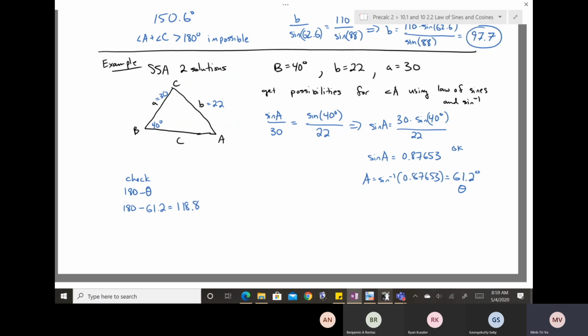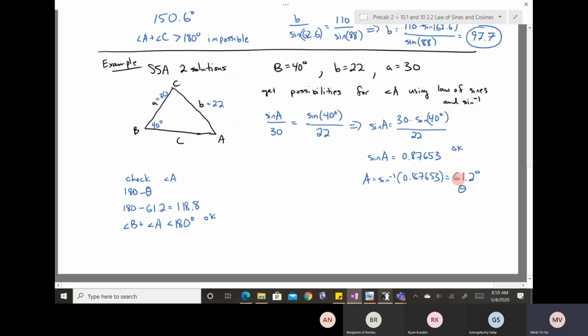And so you'll see that angle B plus, okay, this is for angle A, right? So this was for angle A. So angle B plus angle A is less than 180. So this is okay. So this is the situation where we have two possibilities, right?